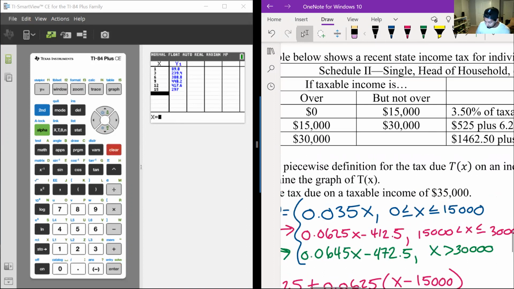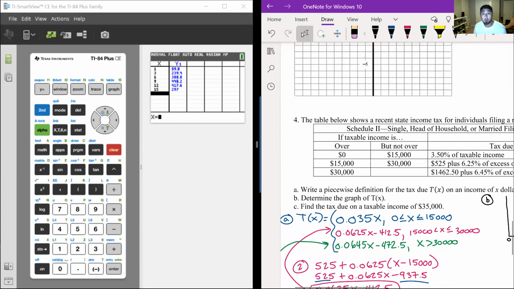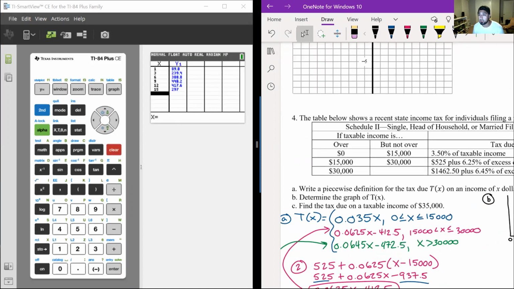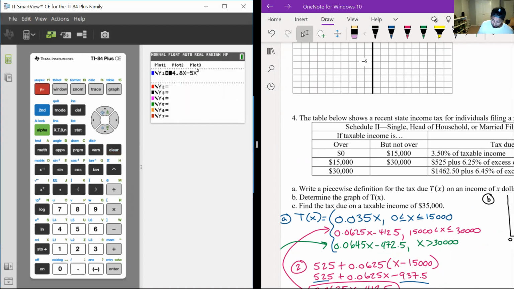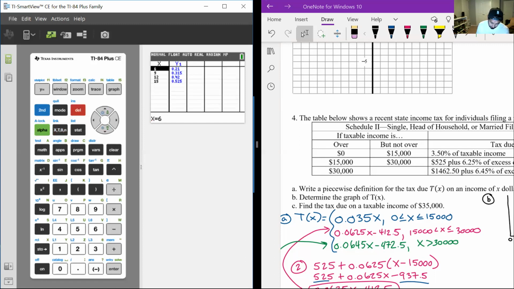All right. So the first thing I'm going to do is use the first part of the piecewise function. So we go back to y equals. I'm going to type in 0.035x. And then I'm going to go to my chart. Erase what's there. And we can choose numbers between 0 and 15,000 for this one.